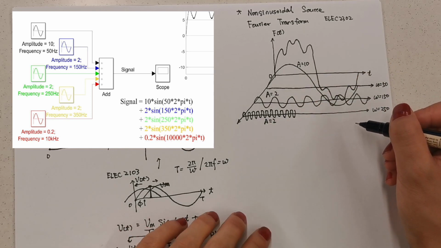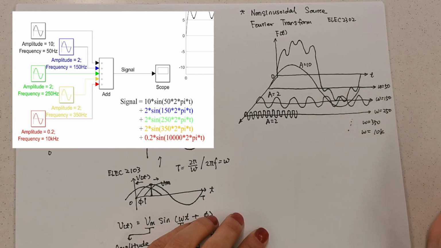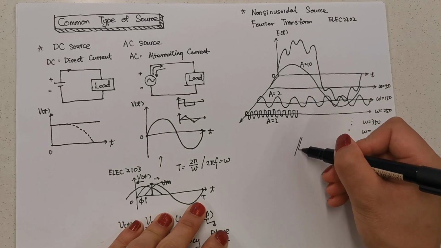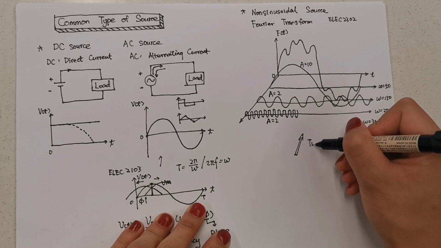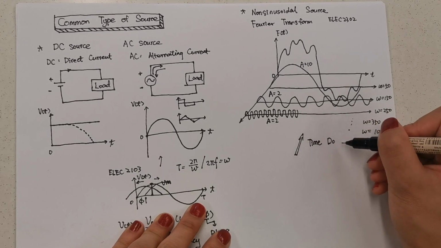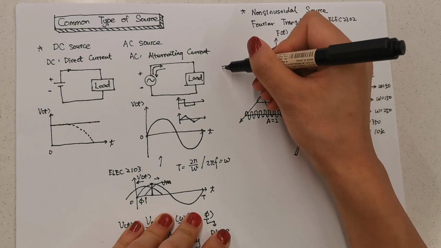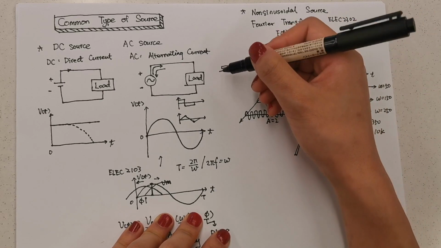I'll just leave 350 and the 10K one here. For this plot, if we look from this side, we call it the time domain. But if we look from this side, it transforms to the frequency domain.